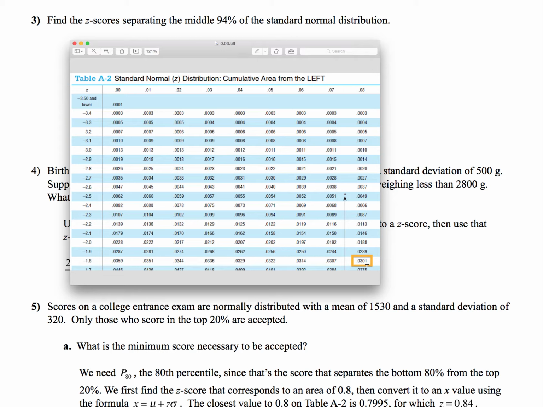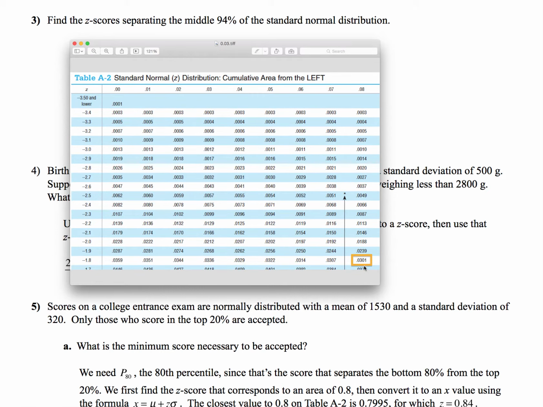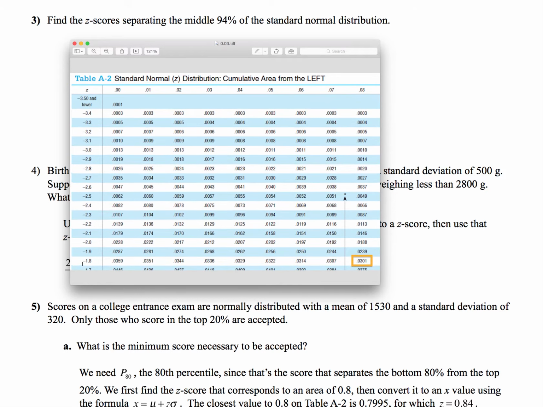That is 1/10,000ths away from the value we're looking for, and so there's the area, 0.0301. So we see what z-score corresponds to that, and it's here on this white line, negative 1.8, and for the value in the hundredths place, we come up here, and the digit in the hundredths place is 8.